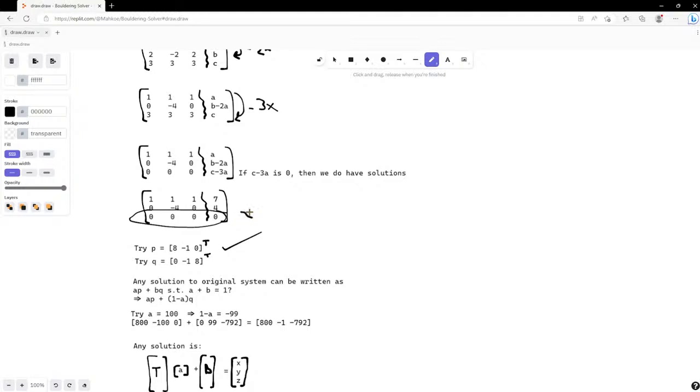Instead of getting an actual number here, we just have an unknown or a free variable z. And then here we get that -4y plus 0z equals 4. So y is equal to -1.